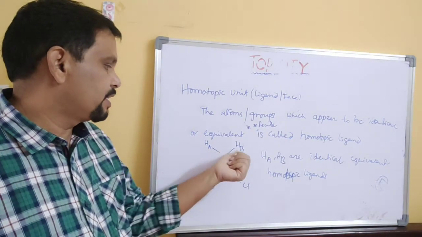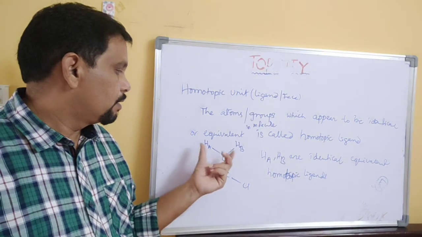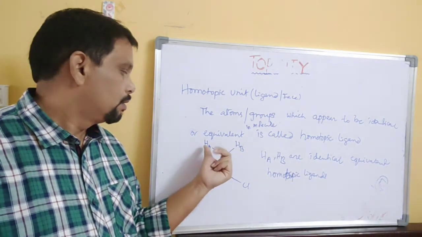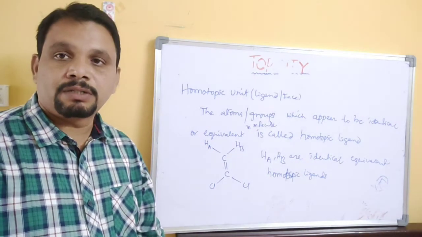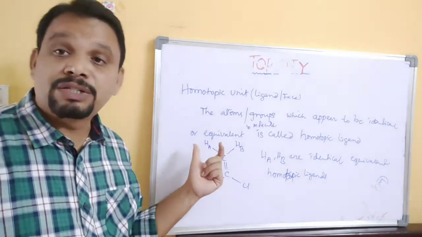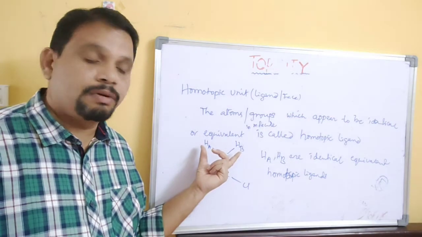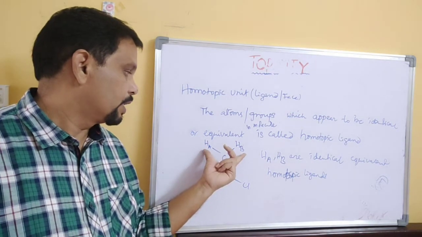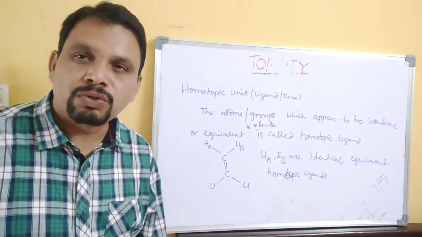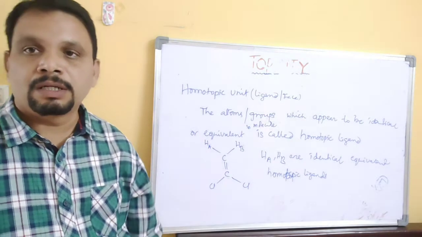Therefore, the environment is the same, and you cannot distinguish these hydrogens separately. They are identical and they are equivalent in NMR also, so they will give equivalent peaks. Therefore HA and HB are considered homotopic ligands.